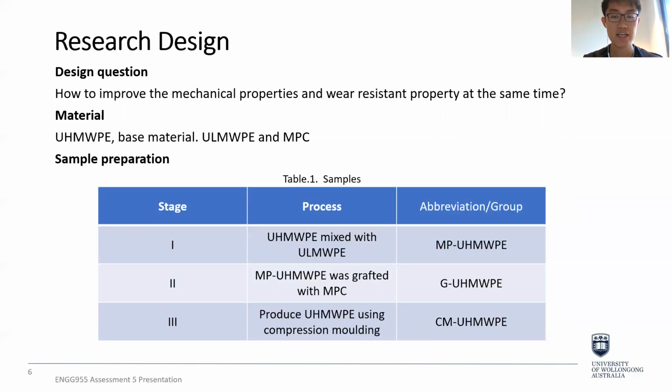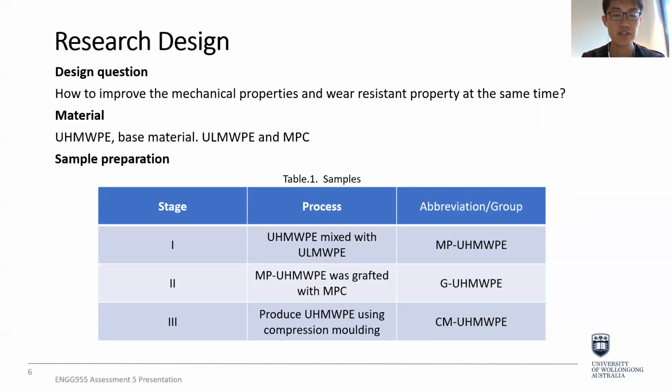The design in this report will combine the benefits of two materials and improve the mechanical and wear-resistant property of replacement. I use UHMWPE as my base material of replacements.